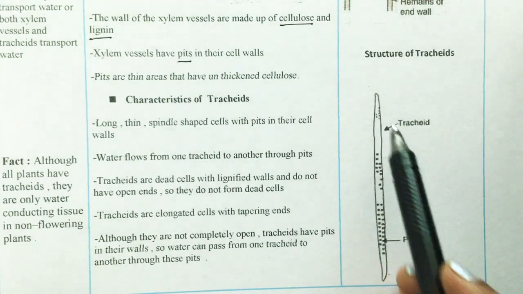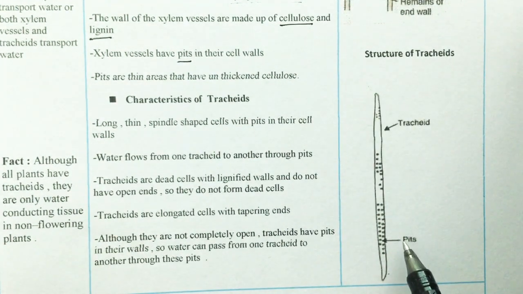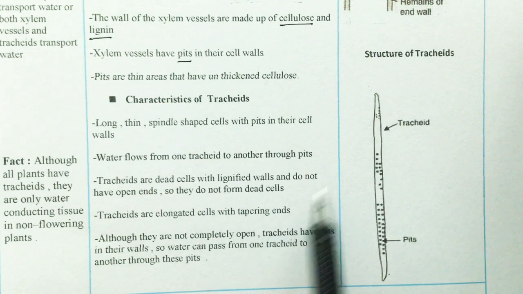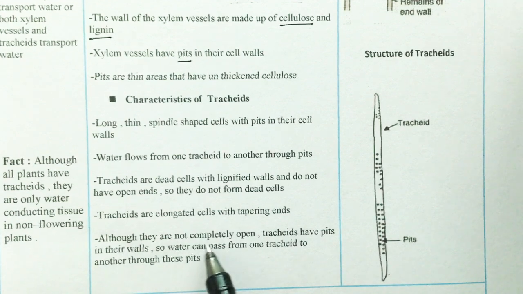It's got tapering ends. This is the pit from which water flows from one tracheid to another. Although they are not completely open, tracheids have pits in their walls, so water can pass from one tracheid to another through these pits. Clear?